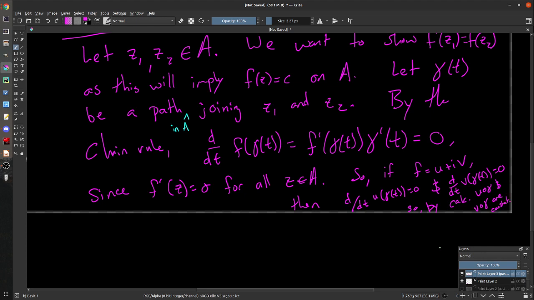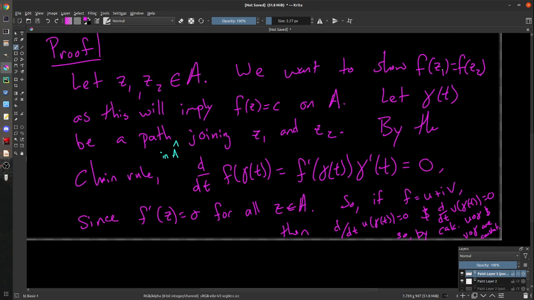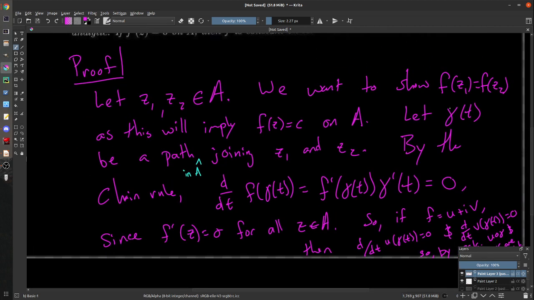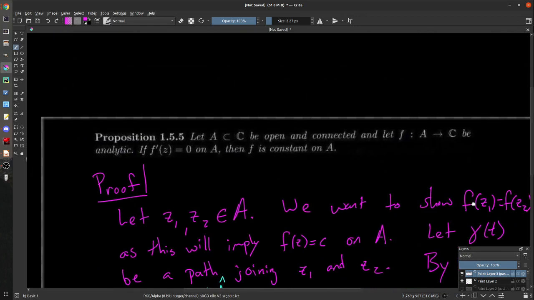Oh, okay. Now, wait a second. If they're constant, then u of gamma of 0 equals u of gamma of 1, and v of gamma of 0 equals v of gamma of 1. So, hey, wouldn't you know it, we've just now shown that f of z1 is equal to f of z2, since gamma is a path joining z1 and z2. And it's a smooth little argument.